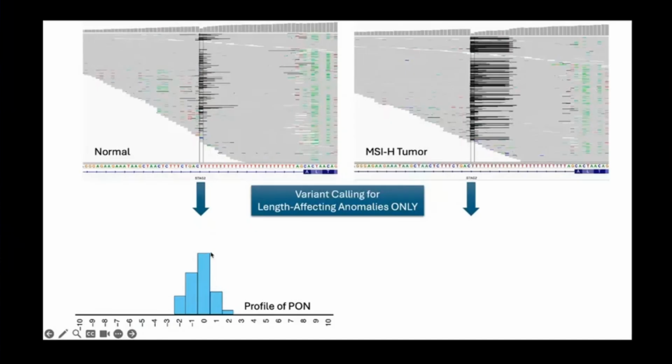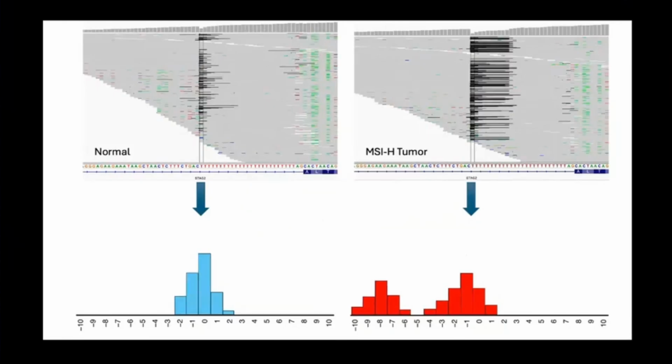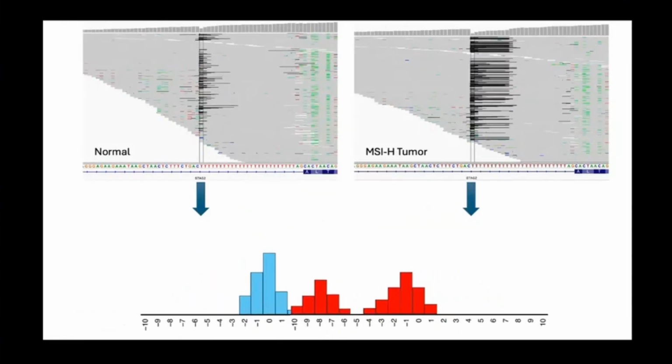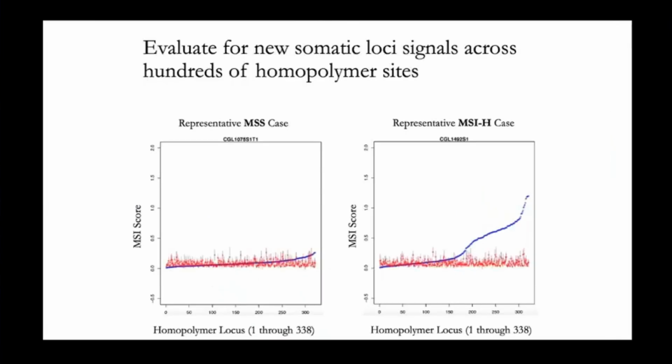Then we generate a similar distribution for today's patient sample. In this case, we can see a very different distribution of sizes. Then we basically mathematically overlay them by subtracting one distribution from the other. And what's left in red here when we're finished is the abnormal signal from today's sample. We just add that up, tally it up, and quantify it.